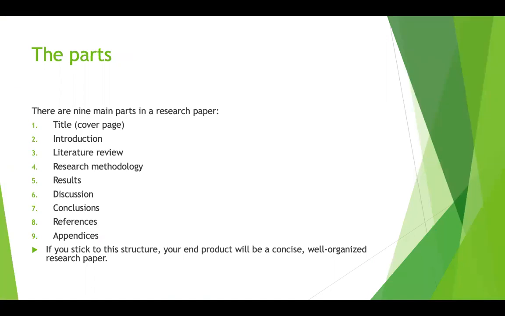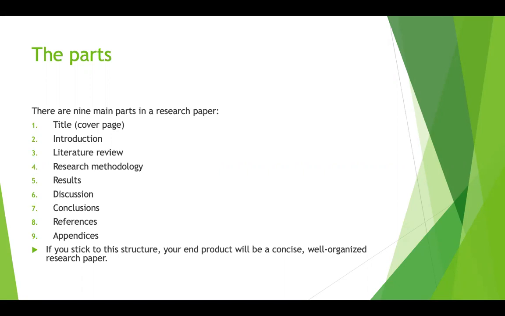Normally, when we read a scientific research paper or thesis or anything similar, we find the following parts in that document. First of all, you have the title or cover page, then the introduction, literature review, research methodology, results, discussion, conclusion, references, and appendices.